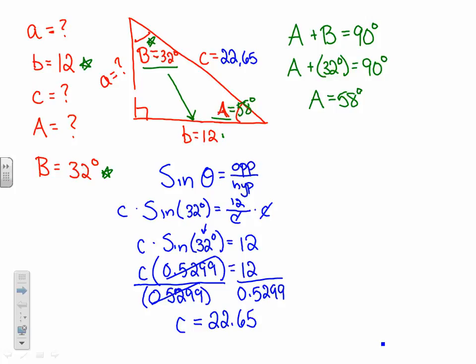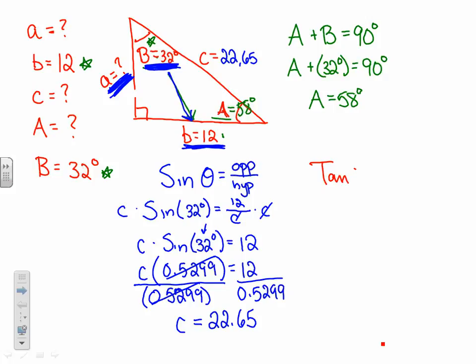So if I'm looking at angle B here, side B is still opposite, all right? So I still have an opposite side. But side A here, that's adjacent to angle B. So I'm doing it all from angle B here. So angle B is right up here, okay? Side A is adjacent to it. Side B is opposite. So opposite and adjacent, that is going to be tangent, all right?